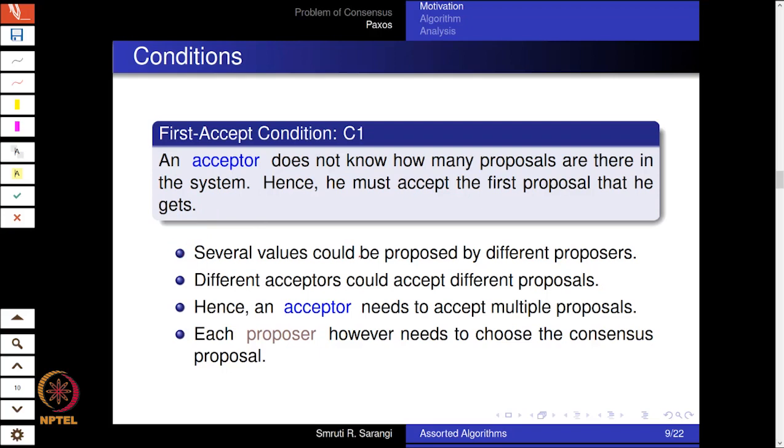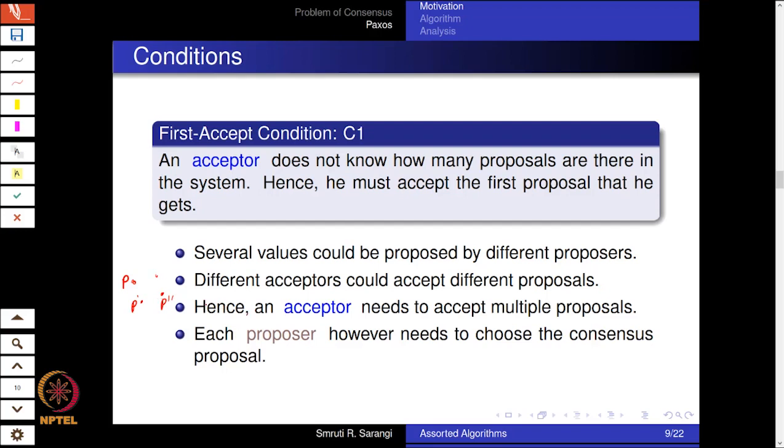Now several values can be proposed by different proposers, and different acceptors could accept different proposals. So then the problem is we will have a situation in which our acceptor nodes are sitting there accepting different proposals, P, P dash. But finally, something has to be chosen.